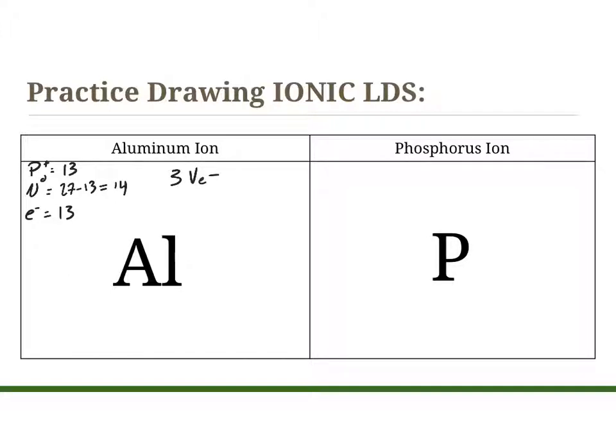Now, stop for a second. If we draw those electrons, they would look like this. Would it be easier for aluminum to lose 3 electrons to get to 8 or gain 5 electrons to get to 8? Lose 3. It would be easier to lose 3.